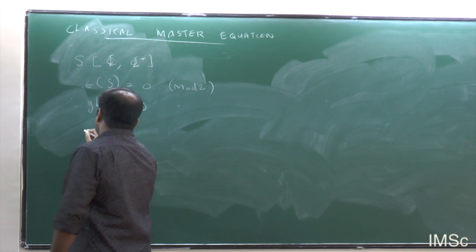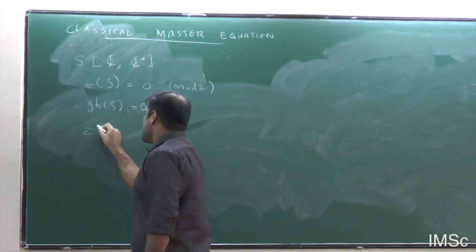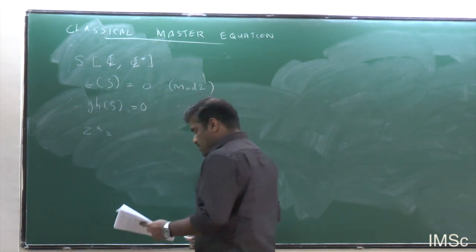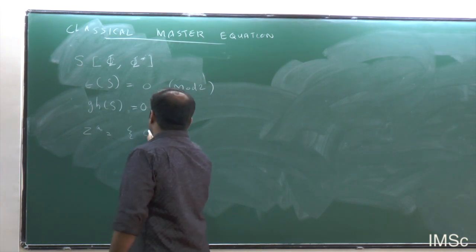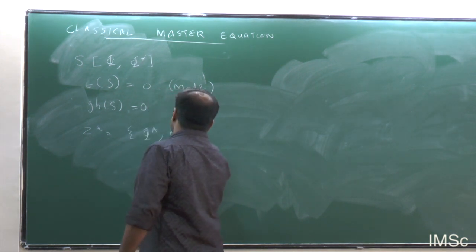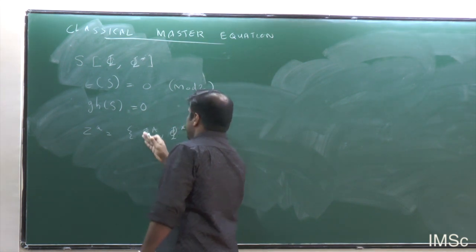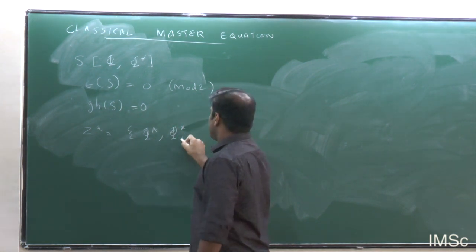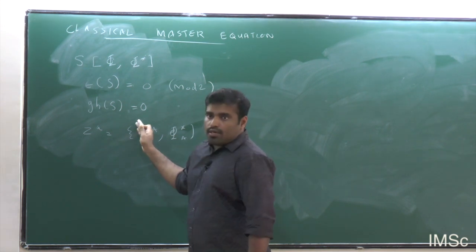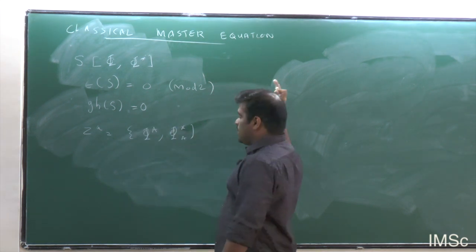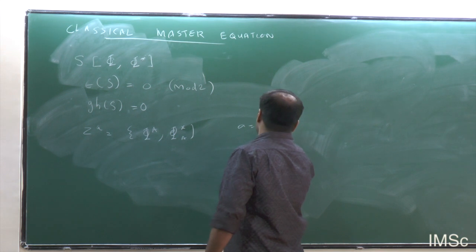let me introduce another notation, CA. So CA denotes all fields and anti-fields. A particular C1 may denote a field, and Cn plus 1 denotes an anti-field, so A runs from 1 to 2n.